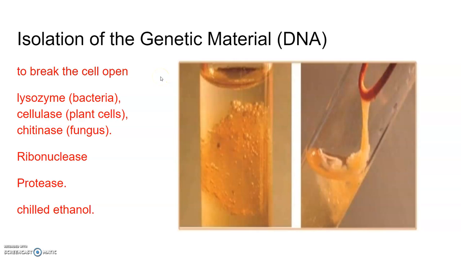So we have to break the cell open to release DNA along with the other macromolecules such as RNA, proteins, polysaccharides and also lipids. This can be achieved by treating the bacterial cells, plants or animal tissues with enzymes known as lysozyme for bacteria, cellulase for plant cells, and chitinase for fungus.